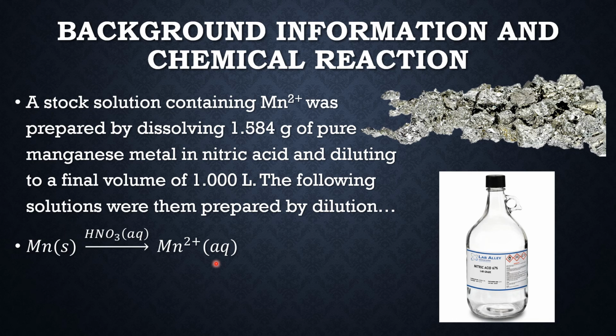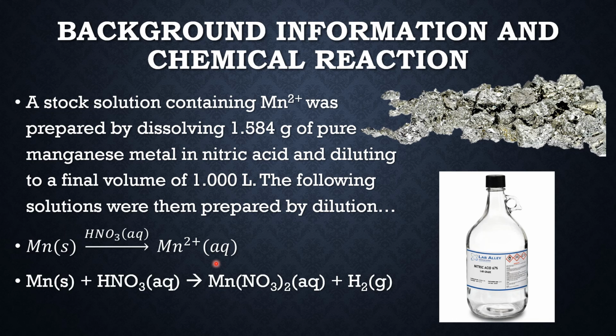That's all you really need to know. But in case you're curious, the full chemical reaction for this is taking solid manganese, adding it to nitric acid, and that forms manganese nitrate, or manganese(II) nitrate, and releases hydrogen gas in a bubbling reaction.